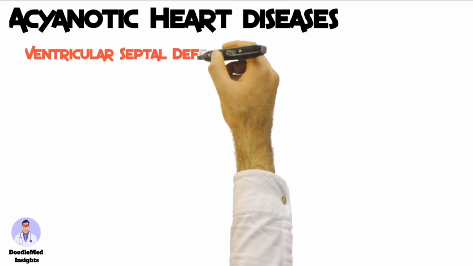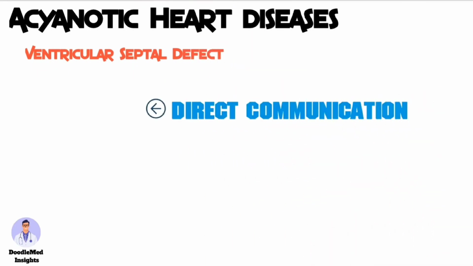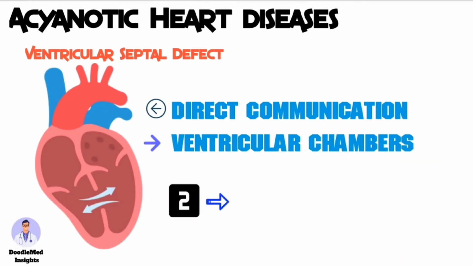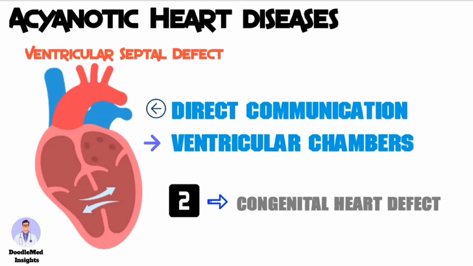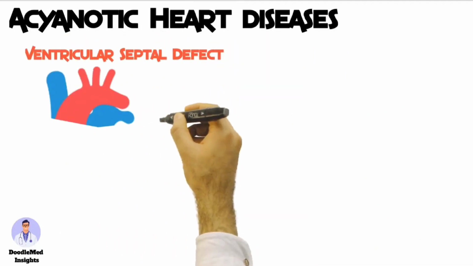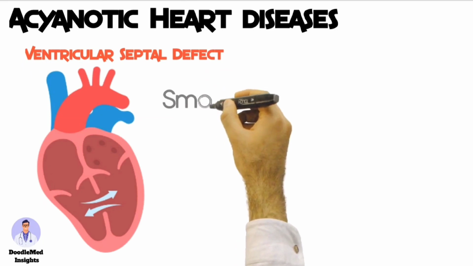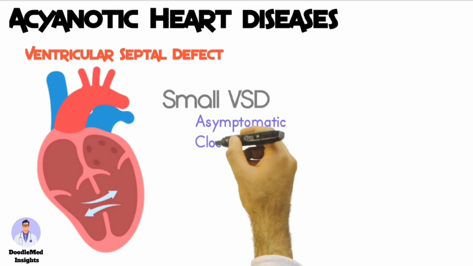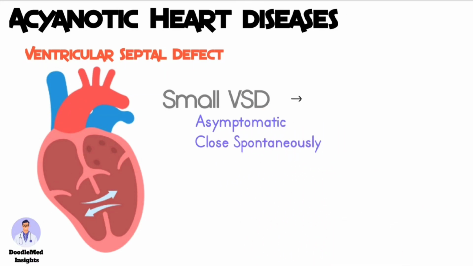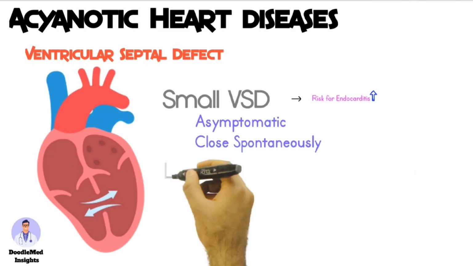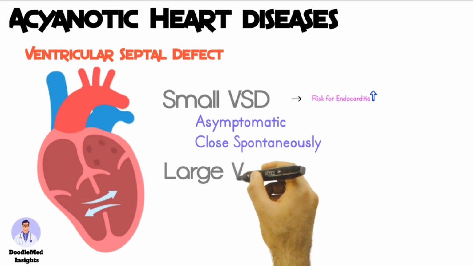Ventricular septal defect consists of a direct communication between the ventricular chambers. Ventricular septal defect is the second most common congenital heart defect. There are two types of VSD, a small and a large VSD. A small ventricular septal defect may be asymptomatic and close spontaneously, or it may produce a jet stream that damages the endocardium and increases the risk of infective endocarditis.